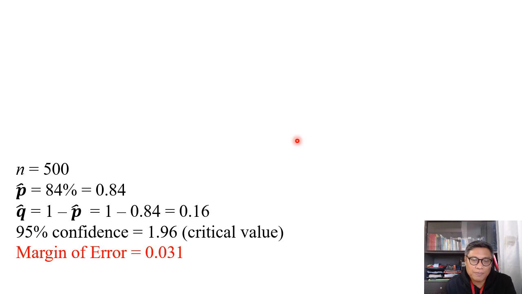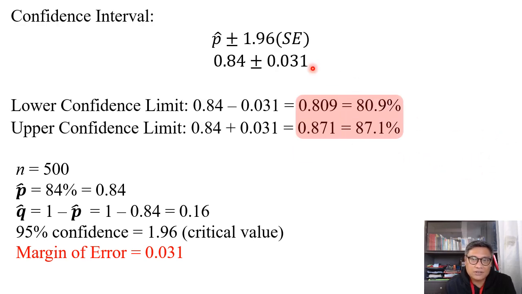To find the confidence interval, your point estimate is your p hat plus and minus 1.96 times the standard error, which is your margin of error. That's 0.031. So 0.84 plus and minus 0.031 gives you your lower and upper limits.